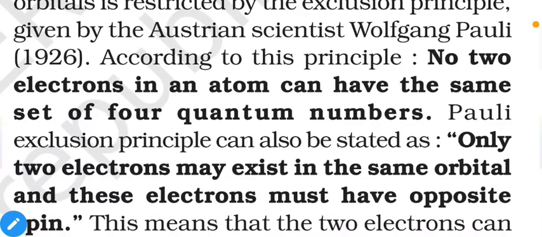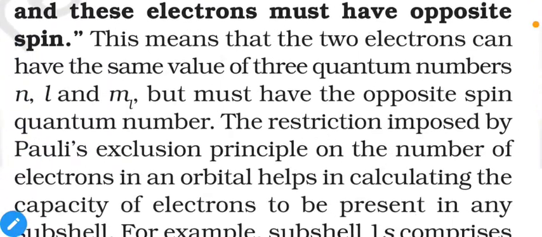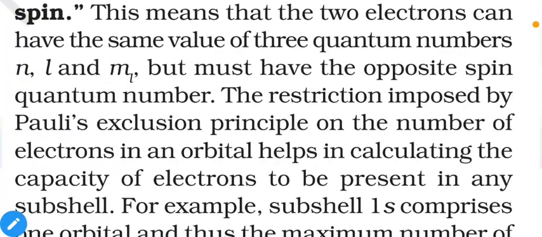If you add 2 electrons in the same orbital, they must have opposite spin quantum number. If the first one has +1/2 spin, then the second must have -1/2 spin. So two electrons can have the same values of three quantum numbers n, l and ml, but must have opposite spin quantum number, that means ms.